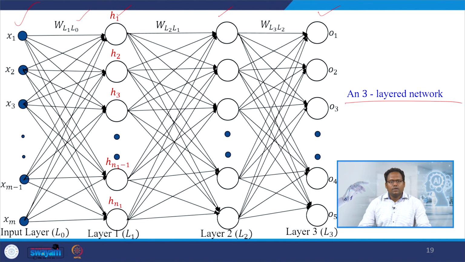And you can see the outputs of the first hidden layer is given by H1, H2, H3 up to Hn1, where there are n1 number of neurons in the first hidden layer. Likewise, the output of the second hidden layer is also given by H1, H2 up to Hn2, because there are n2 numbers of hidden neurons in layer 2.